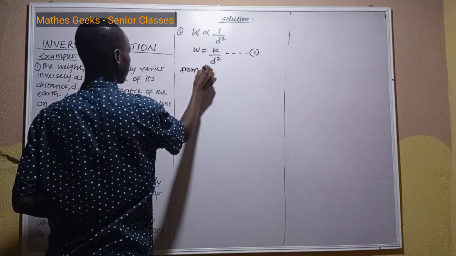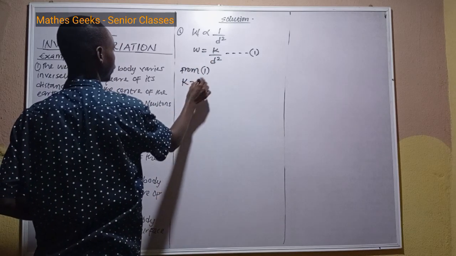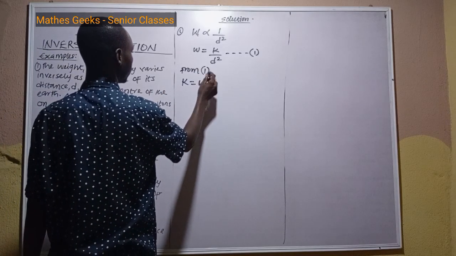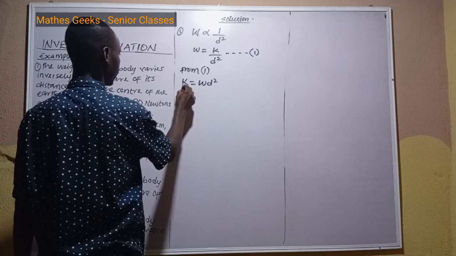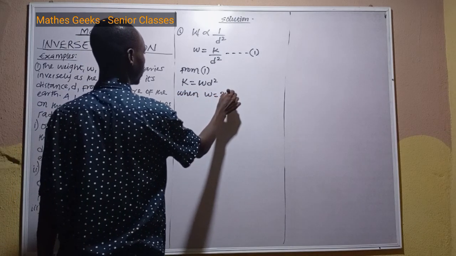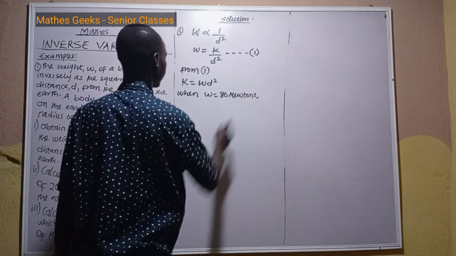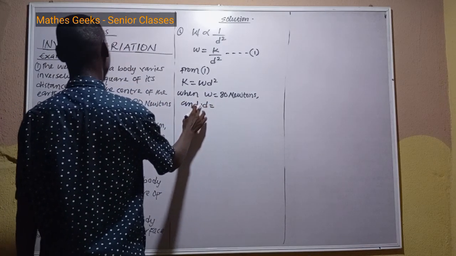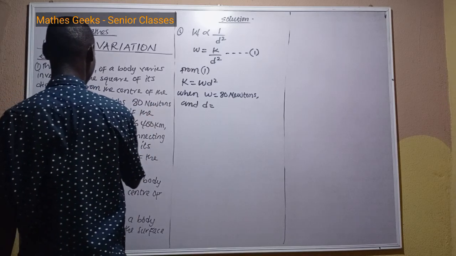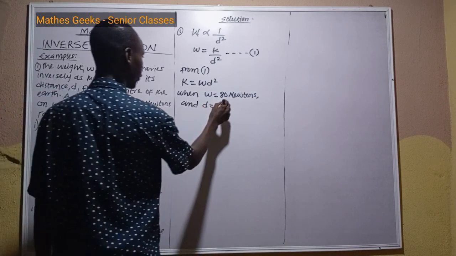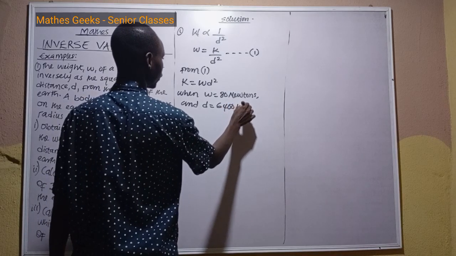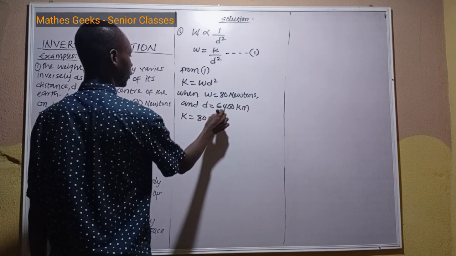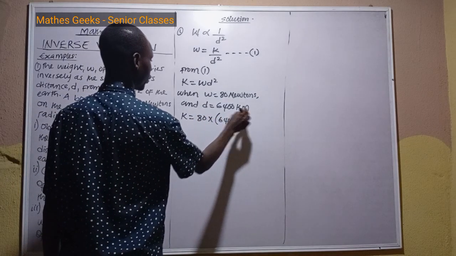From equation 1, when we make k the subject of the formula, k is equal to W d squared. So when the weight is equal to 80 newtons and d is the radius of the Earth, 6,400 kilometers, then k is equal to 80 times 6,400 raised to the power of 2.